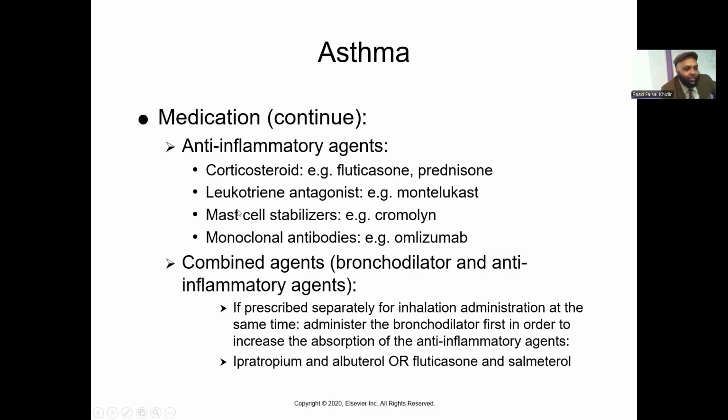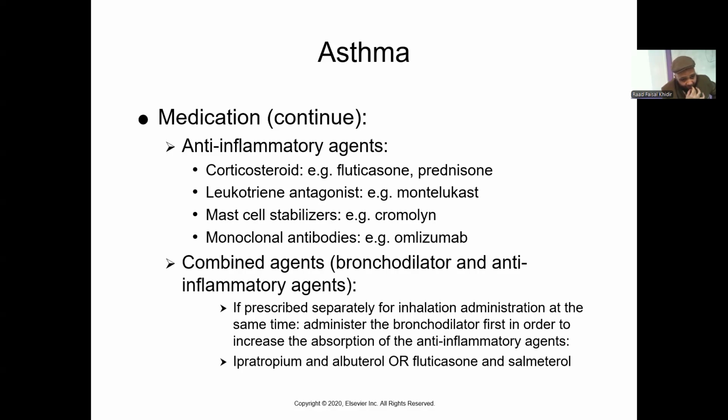Mast cell stabilizer, that's what we just talked about, to stabilize them, prevent them from degranulation, and those are the cromolyn. Monoclonal antibodies. You have the omalizumab. These are important anti-inflammatory agents. Combined agents are bronchodilator and anti-inflammatory agents.